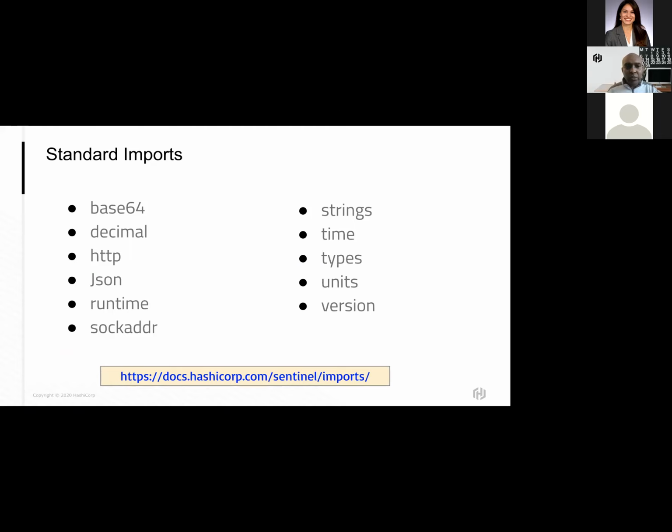These are the standard ones, right? The ability to, HTTP, there is the ability to make actual HTTP calls out. This is perhaps where you might want to reference a table or get some JSON data that might be used within that Sentinel policy to actually evaluate against a threshold or a set of values.